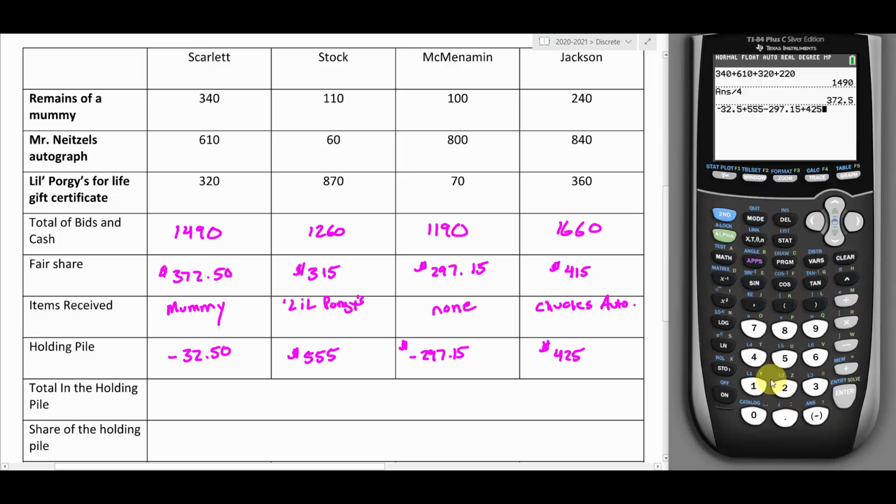So that $220 was already sitting in the holding pile, so I have to add the $220 in cash that they found in his desk drawer. Now we hit enter, and the total amount of money that's in the holding pile here is $870.35.